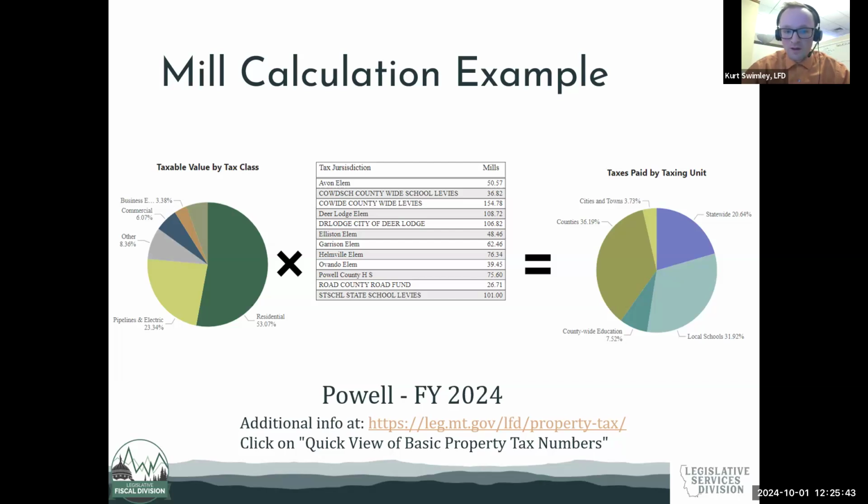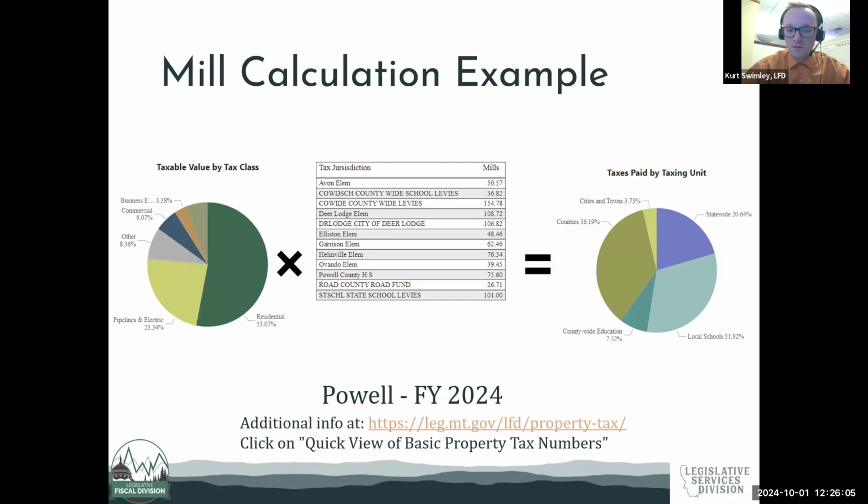Now we have an example of all the mills that are applied throughout this county. As you can see, there are ones that go towards different elementary districts. There's one mill for the city of Deer Lodge. There are some countywide school levies and some countywide levies as well as the road fund and the state's collection of property taxes as well.